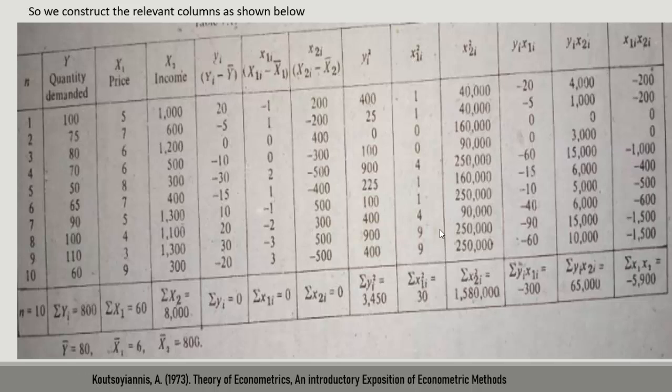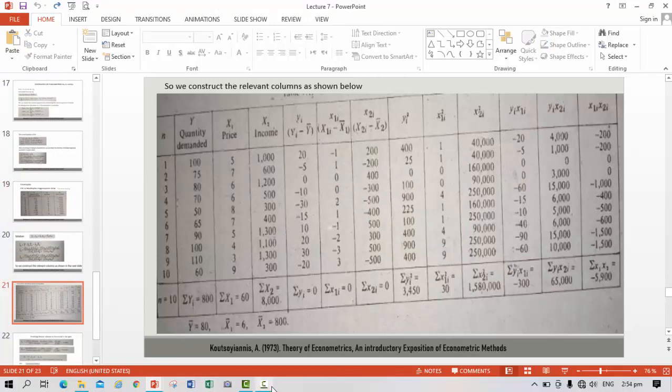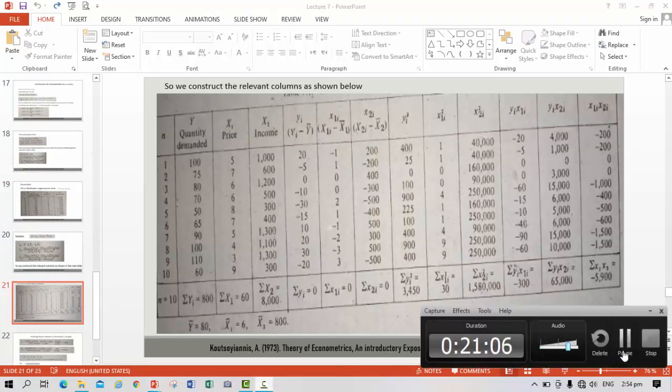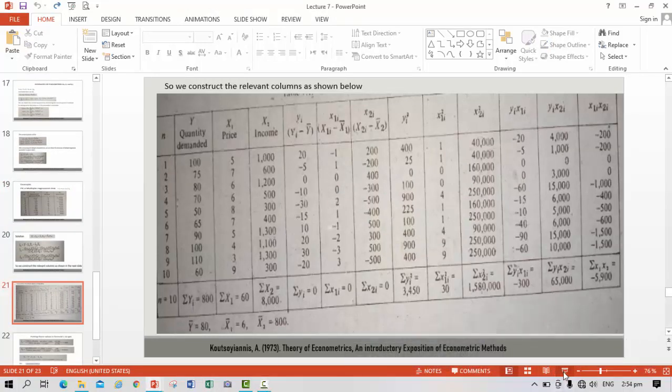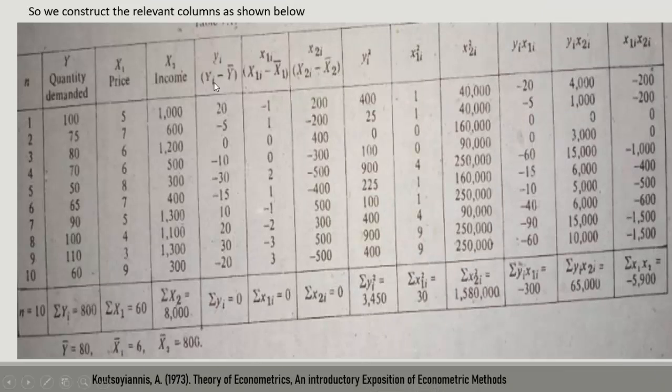From these bars, we will calculate the columns for deviated y, x1, and x2. So first of all, if we calculate the small y, that will be y minus y bar. We know that y bar is 80, so we subtract 80 from each observation given in the column for y.